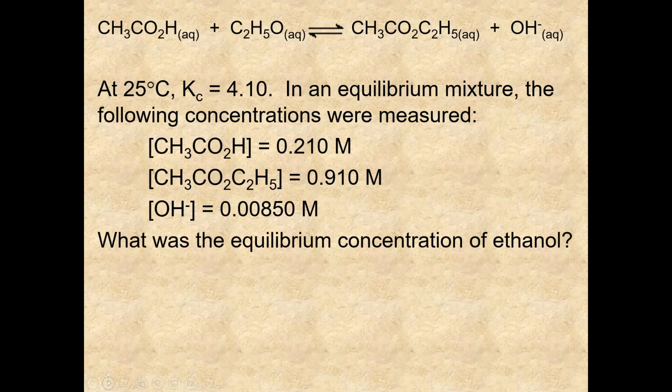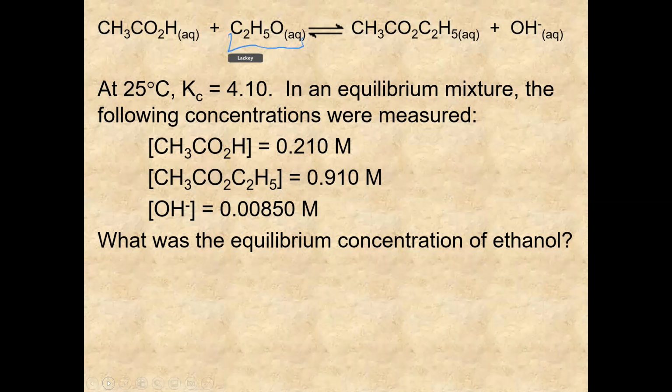The hydroxide ion concentration is 0.00850 molar. It wants to know what's the equilibrium concentration of ethanol, which is written strangely here, but the ethanol, the C2H5O, is what we are looking for.